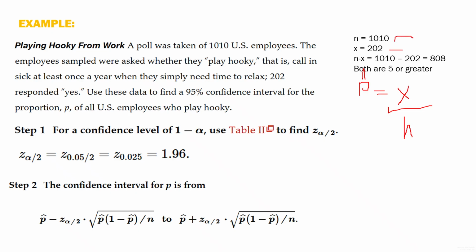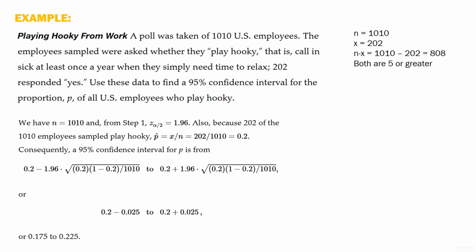So let's try and plug those in, though. You can try and plug all of these numbers in that you have and see if you can get the right answer. Okay, and here is the answer if you didn't do it. So you can see here that they're showing how they calculated the p hat, which is equal to x over n, which is 202 divided by 1010, and we get 0.2.